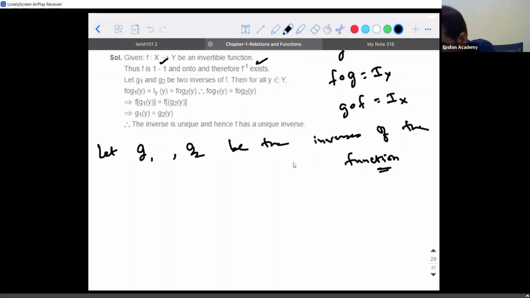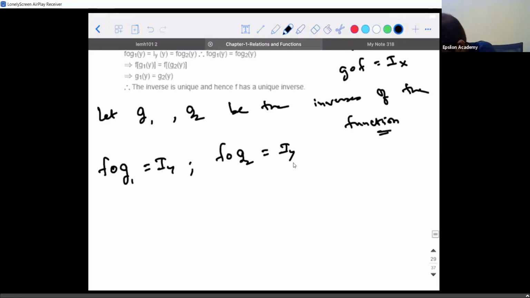Right? So since it is invertible, can I say f circle g1 is I_Y and f circle g2 is also I_Y? If that is the case, then f of g1 of y should be equal to f of g2 of y. Why is it so?